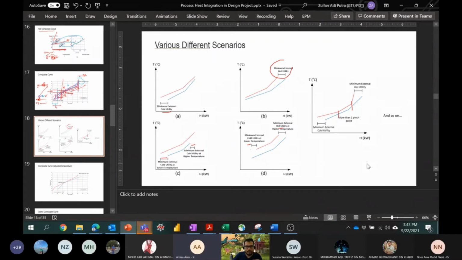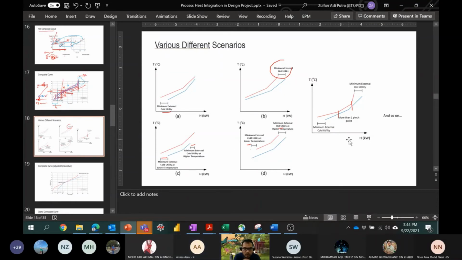Good. We apply this work both in design and also during debottlenecking. Design means a green design, a sketch, or design during the retrofit or debottlenecking.